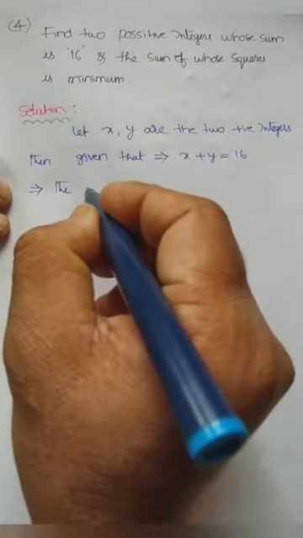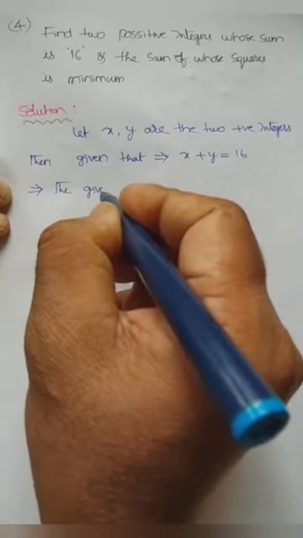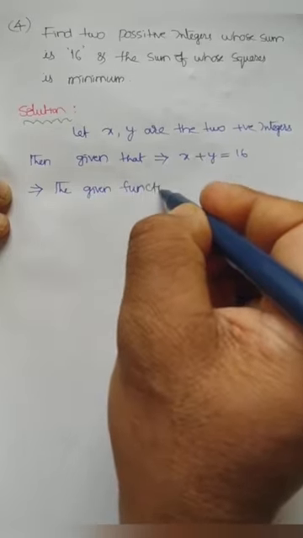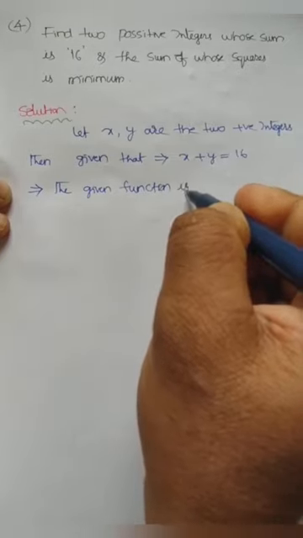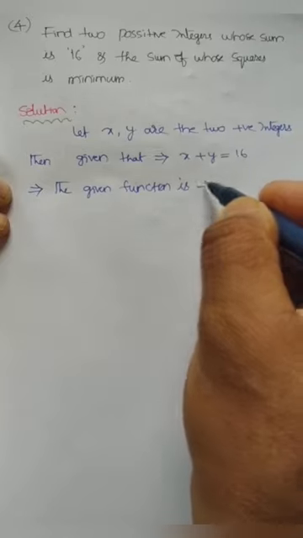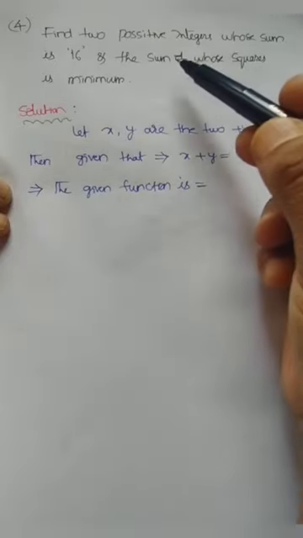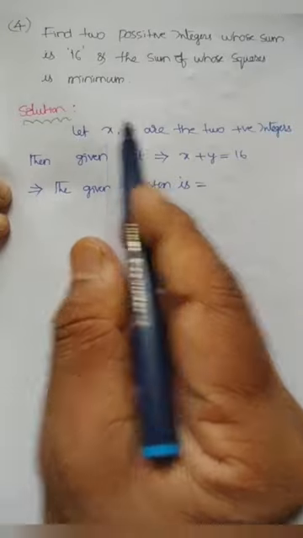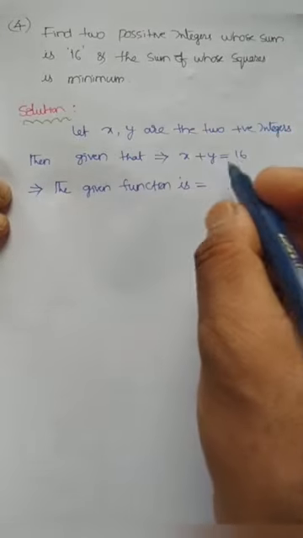It implies the given function is equal to the sum of whose squares. Which squares? The positive integer squares.